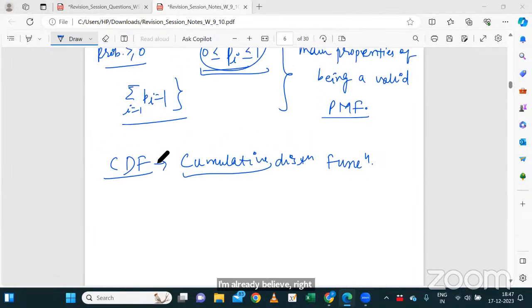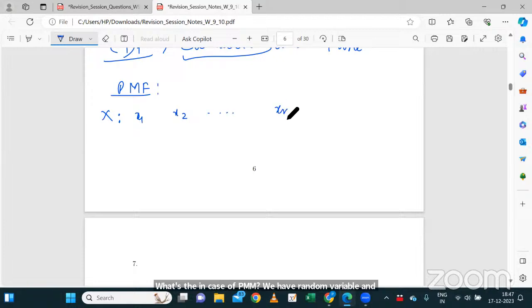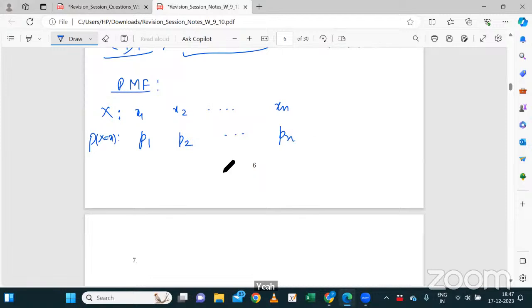Okay, so let me start. What we have done in the PMF case? We have a random variable and it will take some value, right? And there will be some probabilities associated with each value. Now, suppose I ask probability X equal to x2, you can simply tell me by this table it's P2, right?